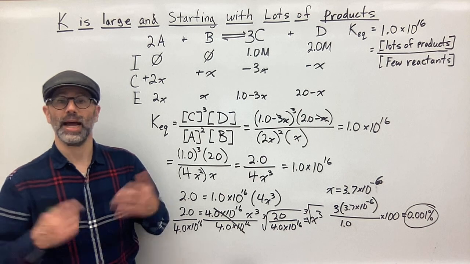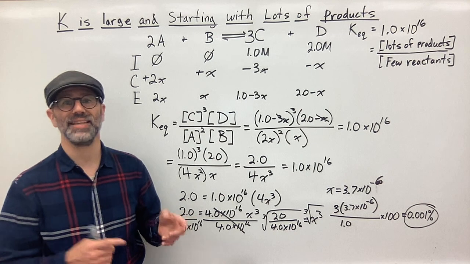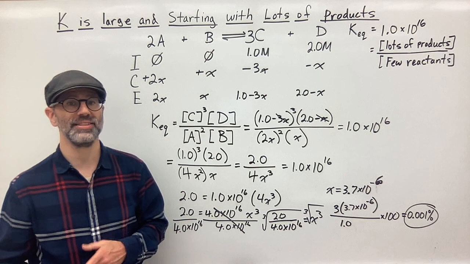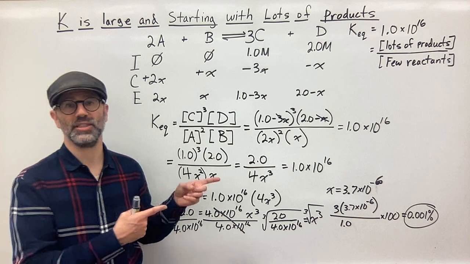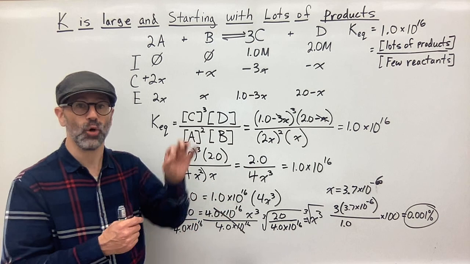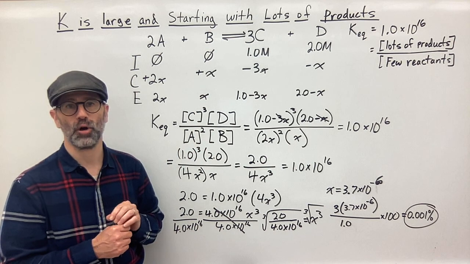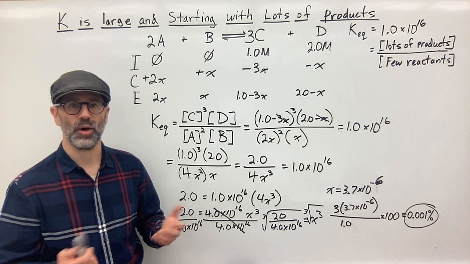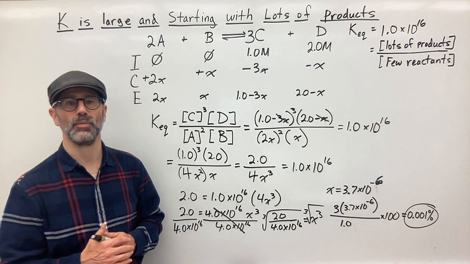Now, what happens if you're shifting towards the side that is favored rather than the side that is not favored? We said that the rule of thumb is if you're shifting towards the side that is not favored, then you know that x is going to be very small. You're only going to get a tiny amount formed on that side. So you can go ahead and do your equilibrium ICE table and assume x is small and move on.